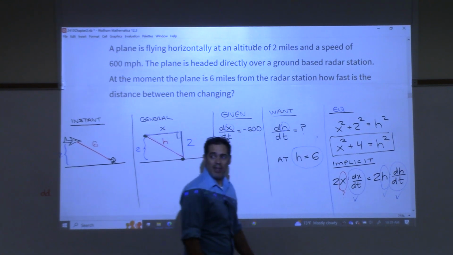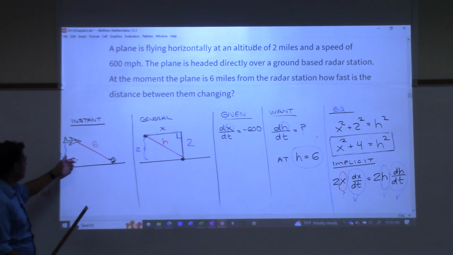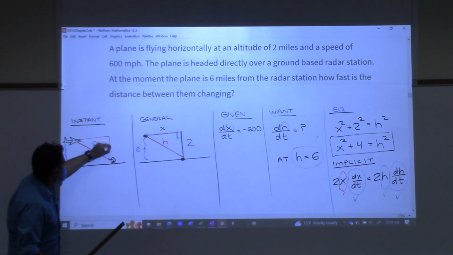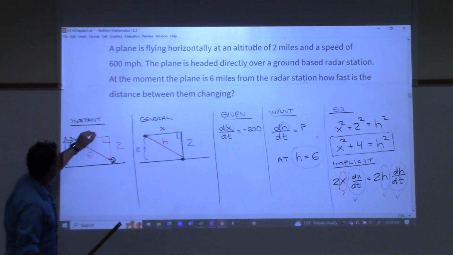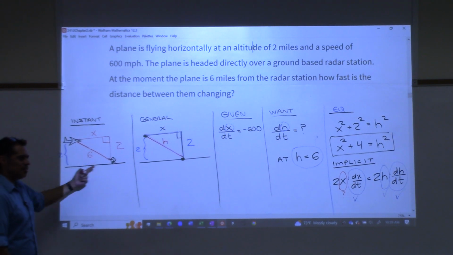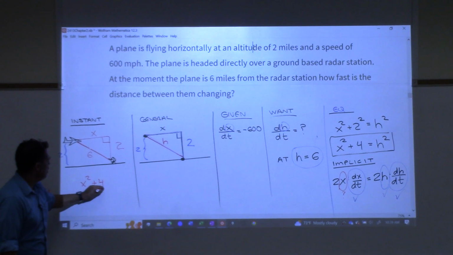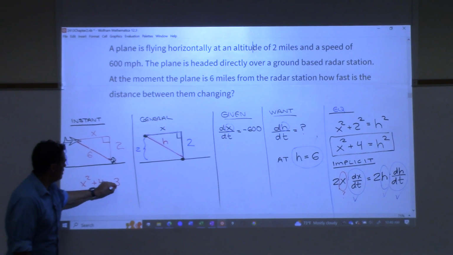But I can fix everything in time now. So if I fix everything in time and go back to this picture, isn't this 2, this is 6, and that's x right there? And so you could just use your Pythagorean to get it like this, right? Because now you can fix h to be 6. So we know x squared plus 2 squared, which is 4, must equal 6 squared, which is 36.